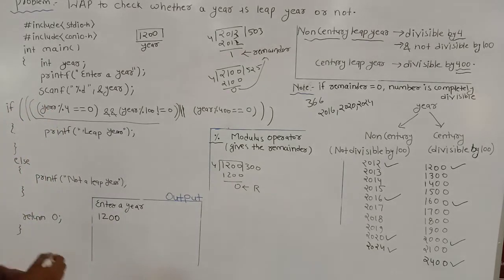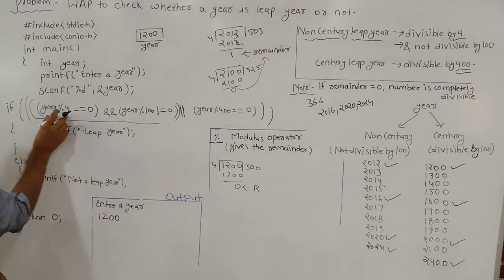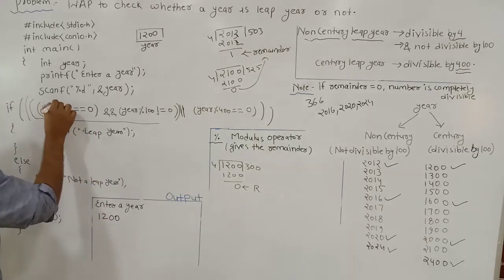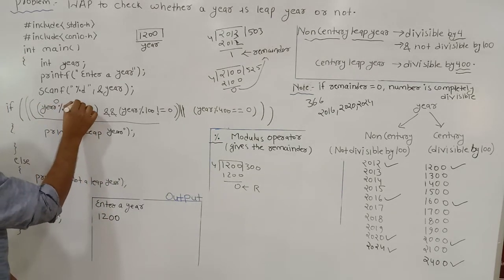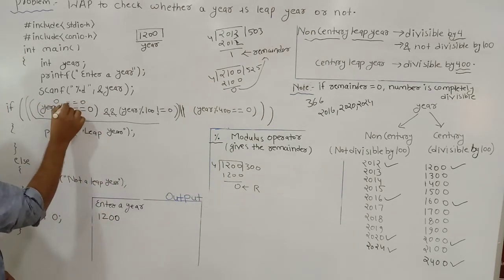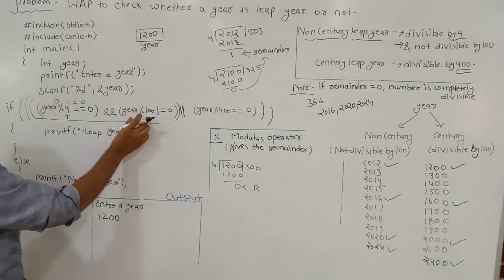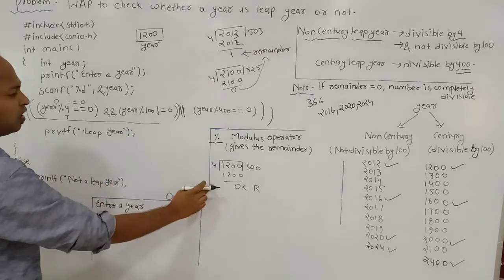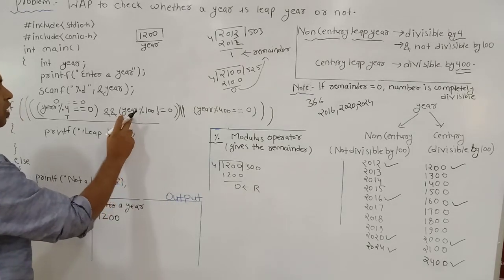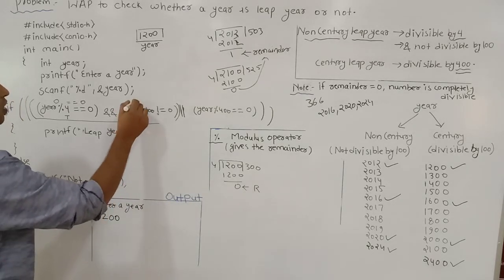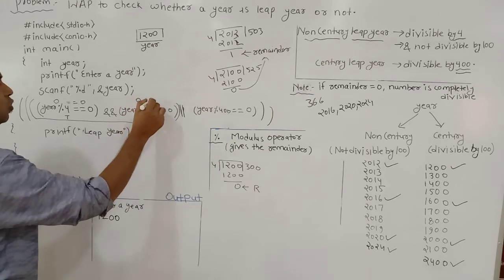So now check the condition. If the user enters 1200, we get the remainder 0. 0 is equal to 0, which means this condition is true. Similarly here, we divide 1200 by 100 and also get remainder 0.